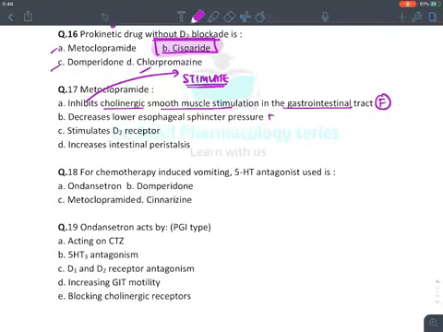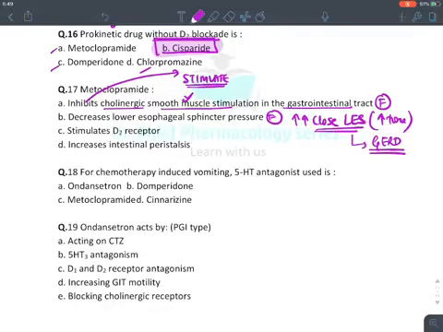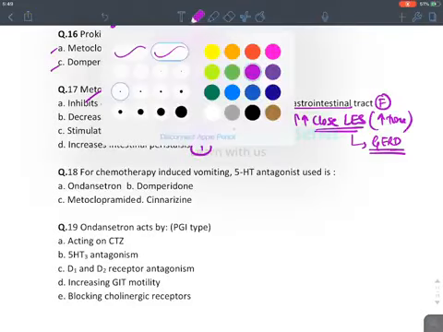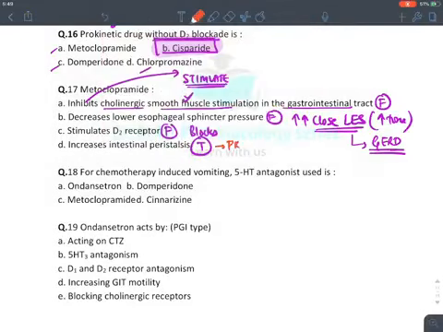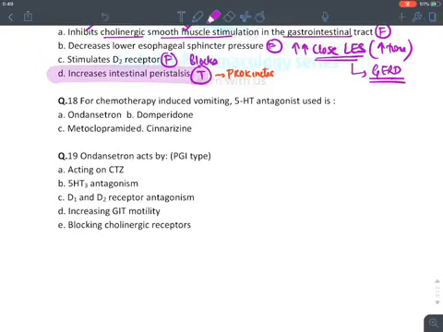It decreases the lower esophageal sphincter tone: absolutely false, it rather increases the tone and closes the lower esophageal sphincter. That is why metoclopramide is used in GERD, because of the release of acetylcholine. It stimulates the D2 receptor: false, it rather blocks them. It increases intestinal peristalsis: yes, it's a prokinetic drug, which means it increases intestinal motility. So the answer is D.